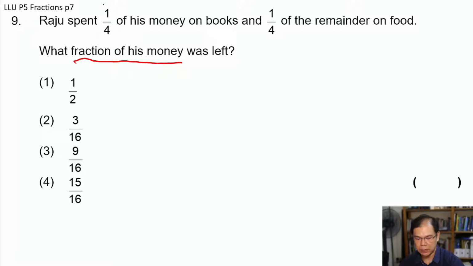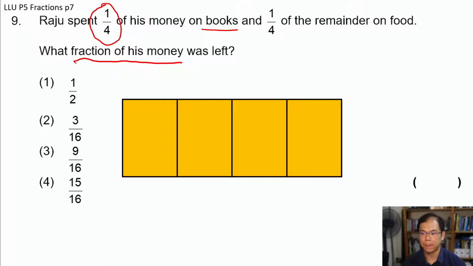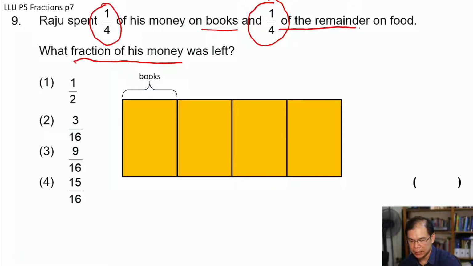So Raju spent 1/4 of his money on books. Now that means I have to draw 4 units. Later you realize why the boxes are so big. So 1 out of 4 of his money on books, so 1 out of the 4 units on books, and then another 1/4 of the remainder on food.